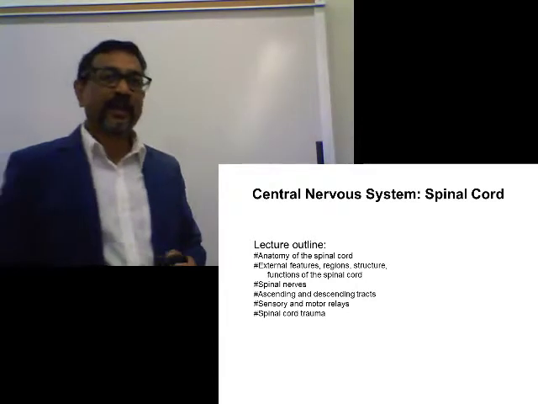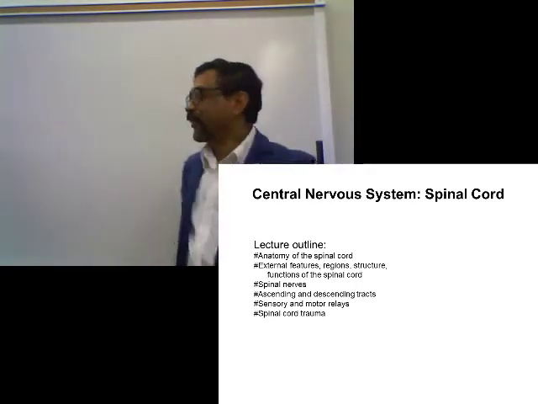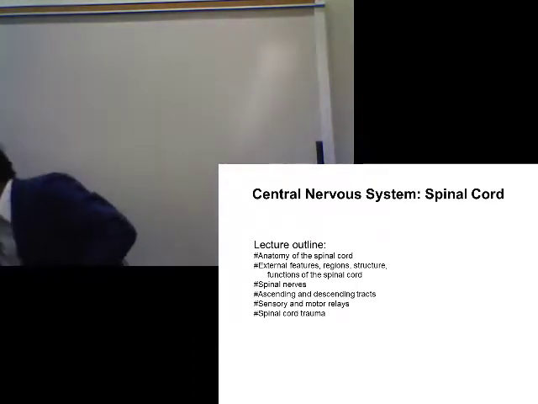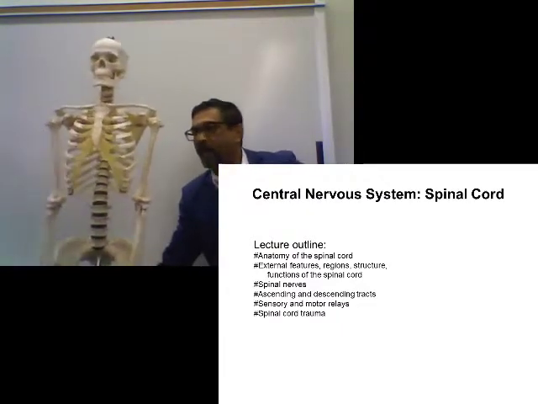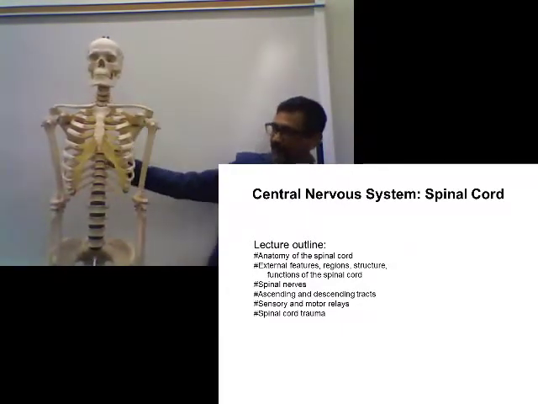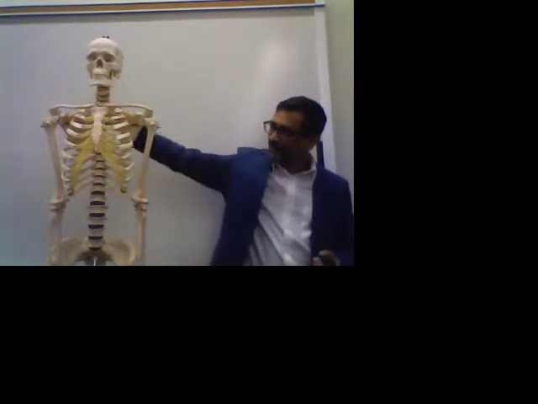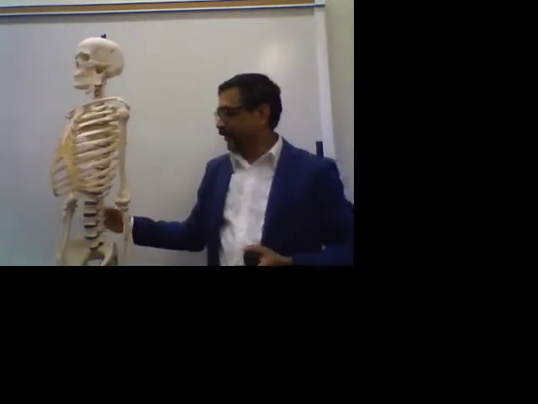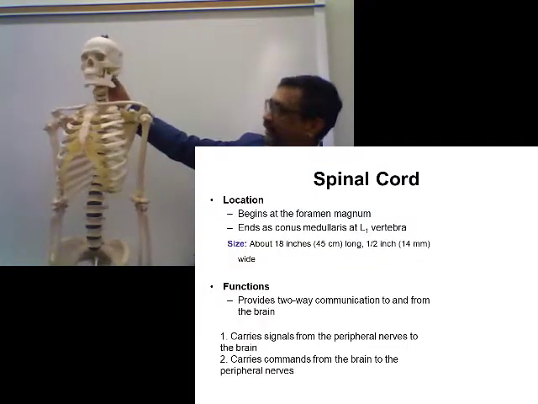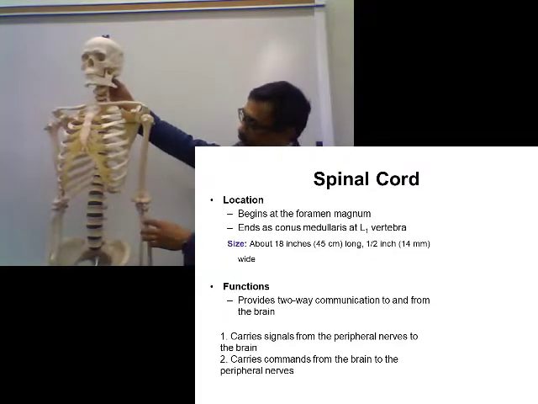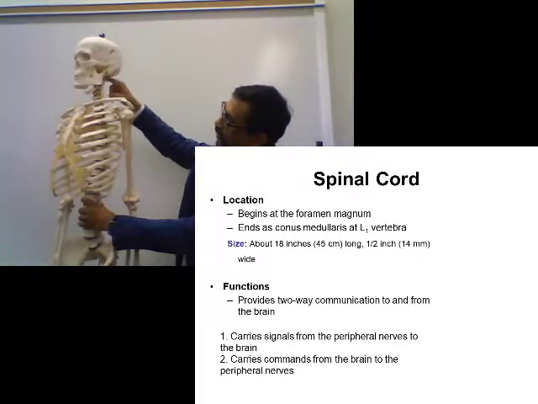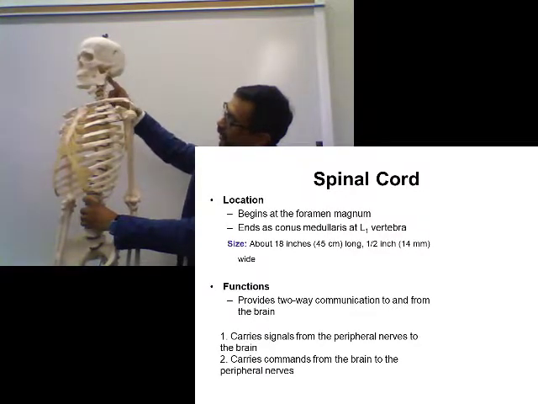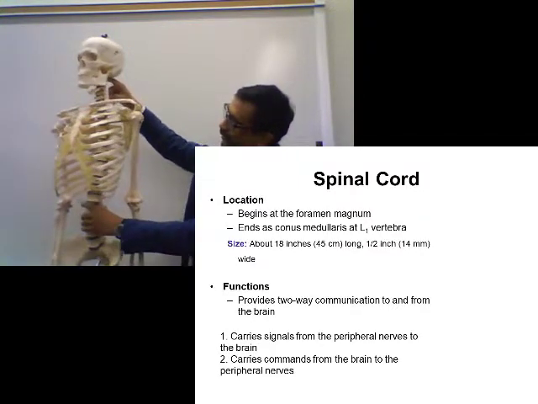First, the location. The spinal cord is located inside the vertebral column, inside this. That means it is protected by the vertebrae. Extent of the spinal cord: the spinal cord starts here at the foramen magnum, you know, this big foramen here, and that's the upper end.